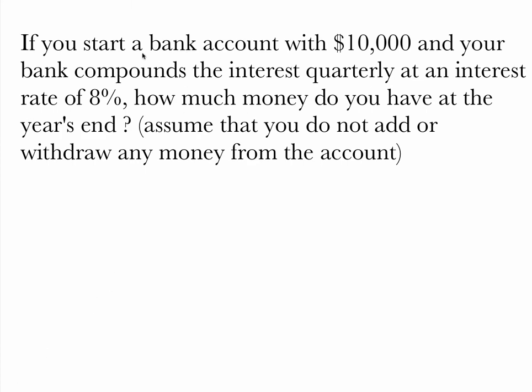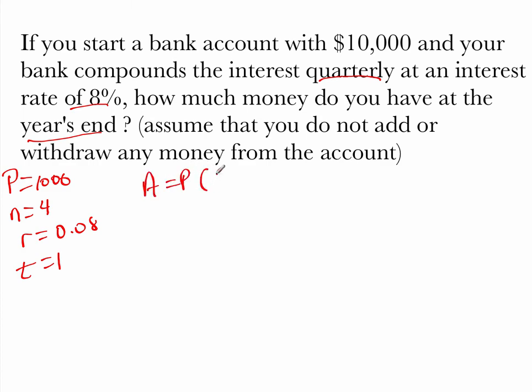All right, so what if you start a bank account with $1,000? So the principal is again $1,000. And your bank compounds the interest quarterly. So quarterly means 4 times a year at an interest rate of 8%. So my rate is 0.08. How much do you have at the year's end? So at the end of 1 year, the time is again 1. So the amount is the principal times 1 plus the rate divided by N, to the NT.